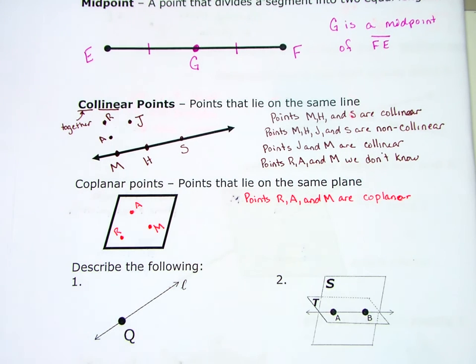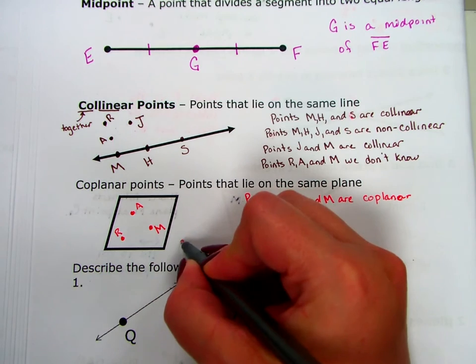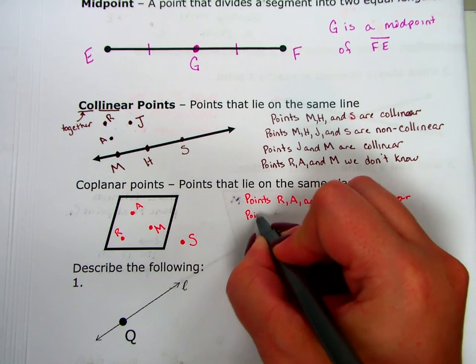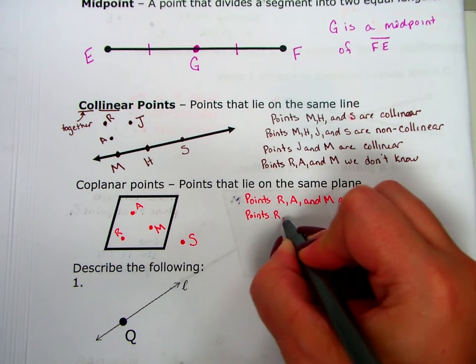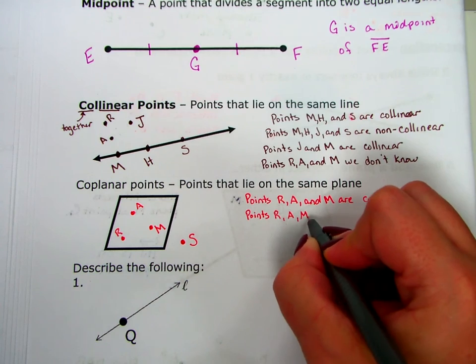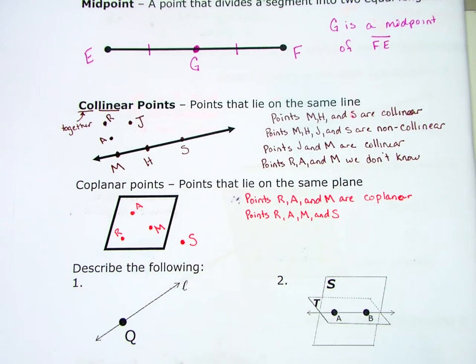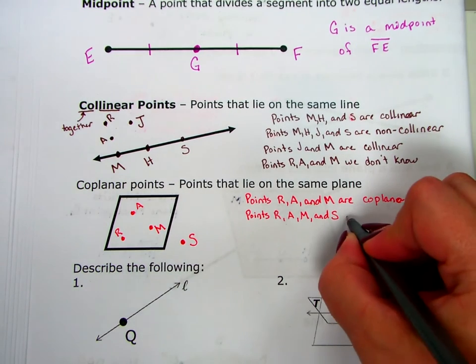Oops, I know it looks like "coplaner," but it's coplanar. What happens if I draw this point over here, S, and I say points R, A, M, and S? Those are non-coplanar.